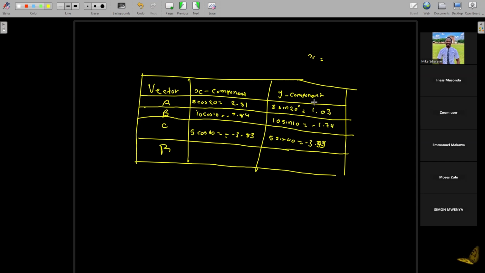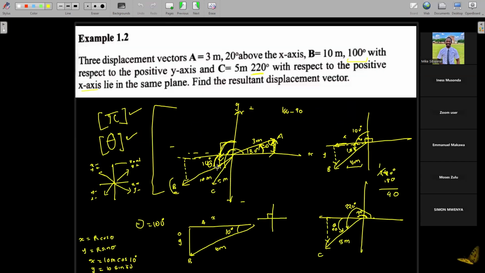Someone add the y component and someone add the x component, so that we just write the final values for Rx and Ry. On the B part, there is no negative, sir? Let's look at the quadrant where B is.